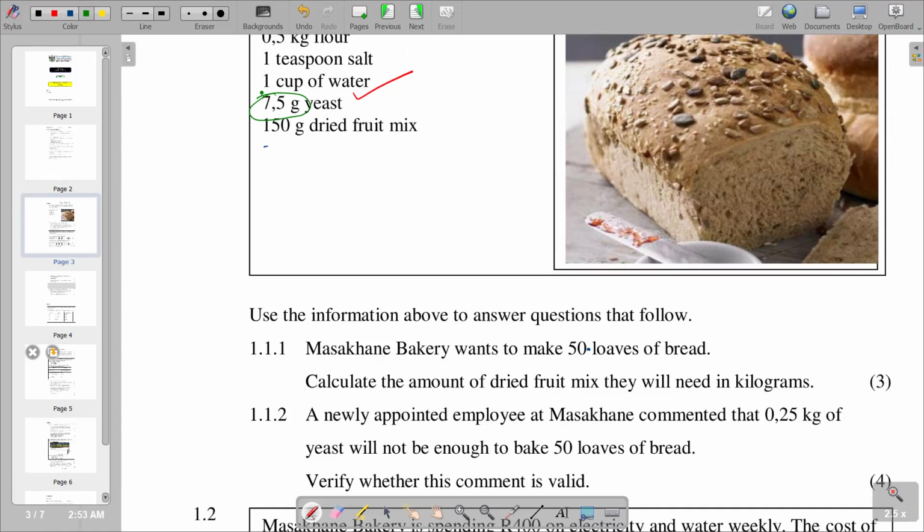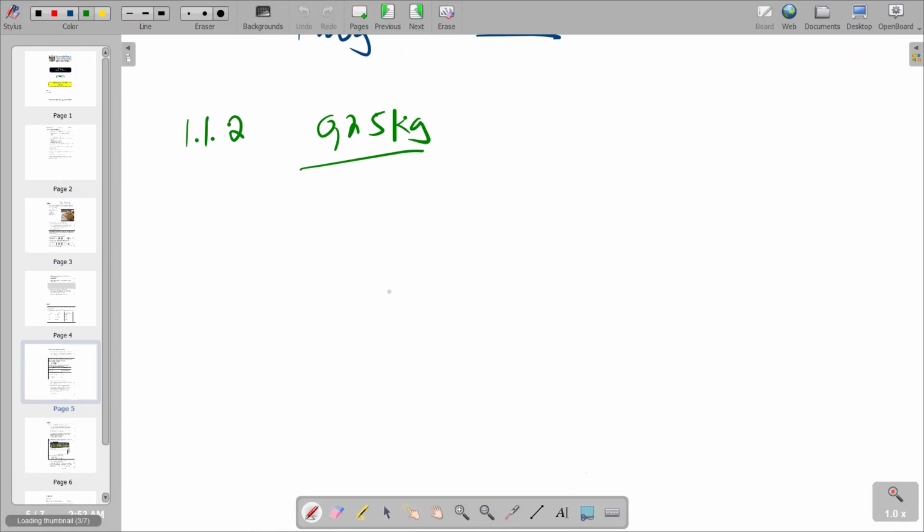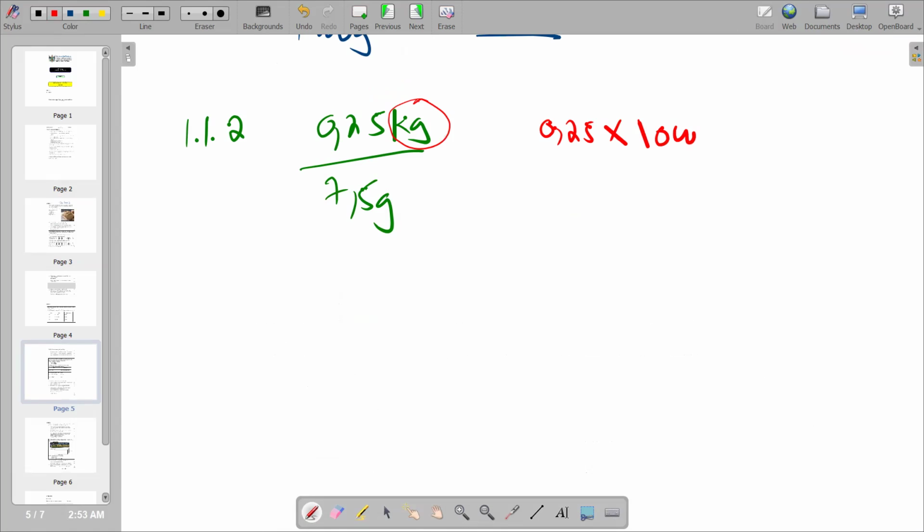If you come here, you would see that we've got 7.5 grams. But if you check our numerator, it's expressed in kgs. We have to convert it to grams. So to convert it to grams, we say 0.25, then we multiply by 1000. Remember, 0.25 kg times 1000 grams.